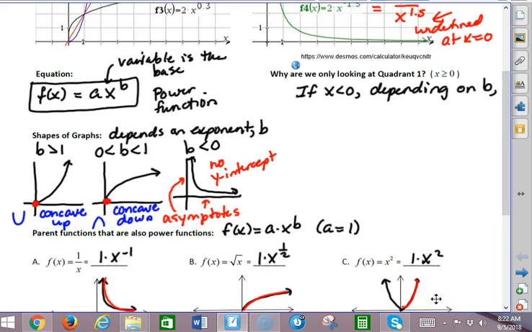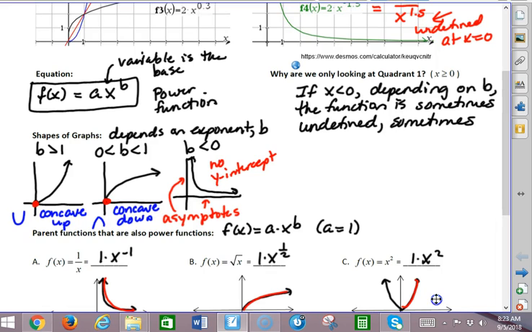So to summarize, if x is less than 0, depending on b, the function is sometimes undefined, sometimes even, sometimes odd.